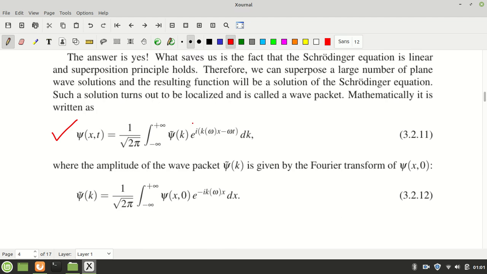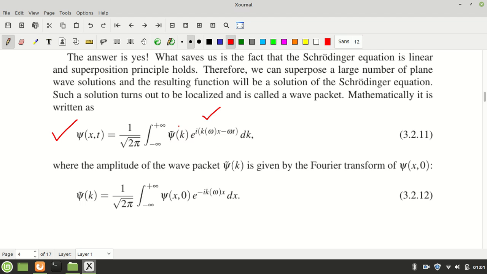See, for each of the solutions, you already have this result, e to the power i(kx minus omega t). This kind of solution you got here, and now we superpose, or sum up, those solutions for all possible values of k with a coefficient psi tilde k, which is a function of k.